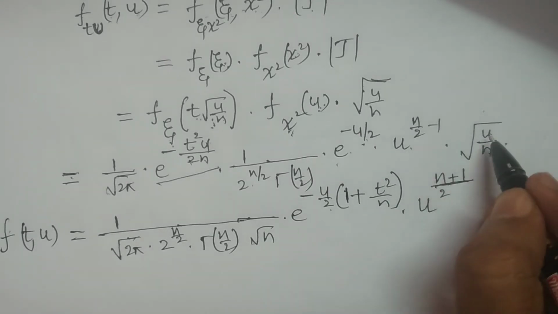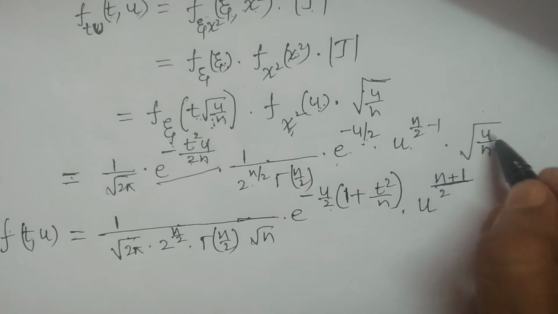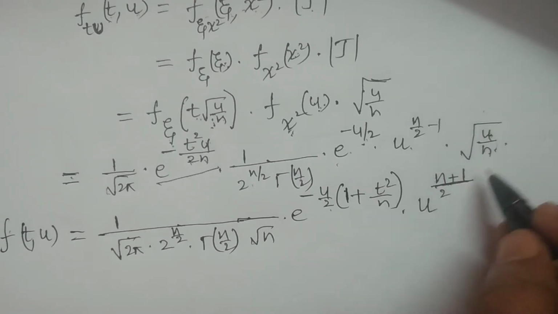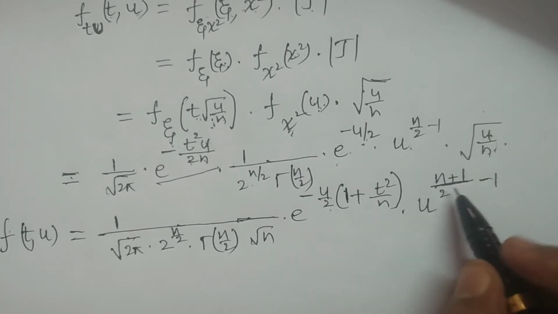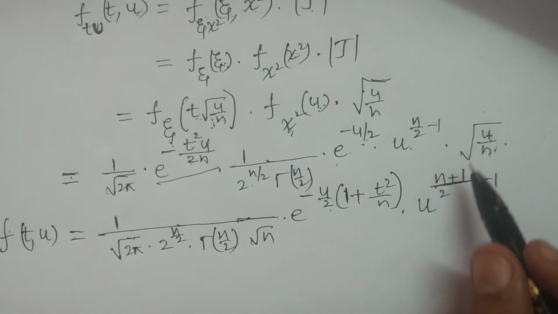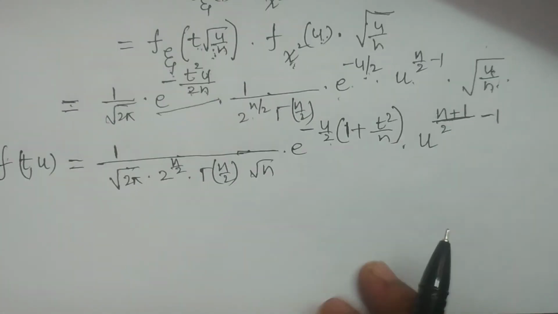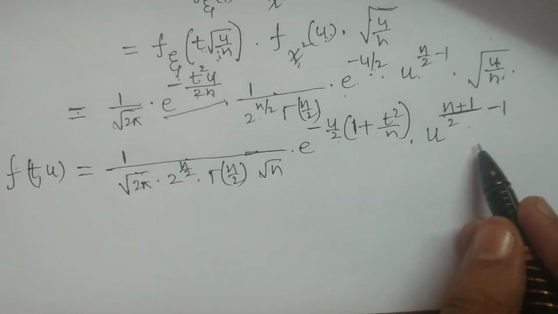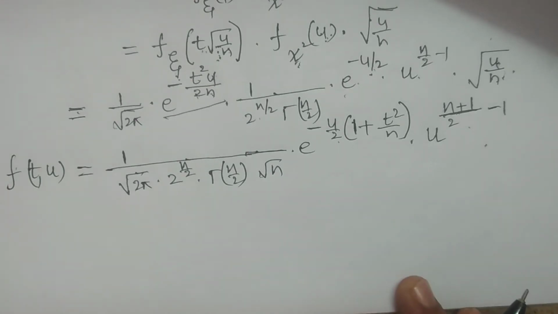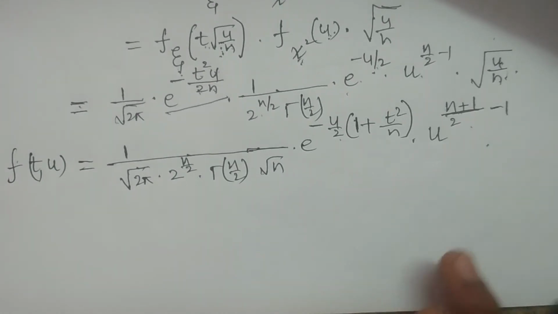Hence it is u power n plus 1 by 2 minus 1. Let us consider this as the joint probability density function of t and u. This is what we have calculated.